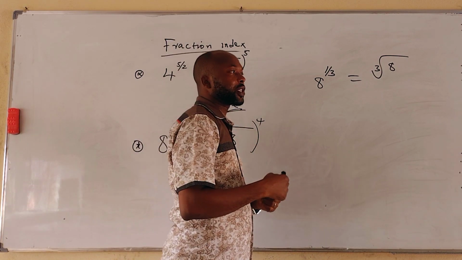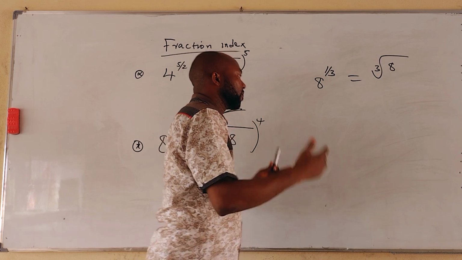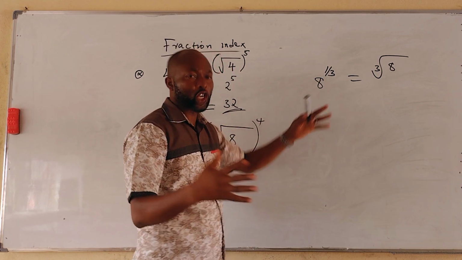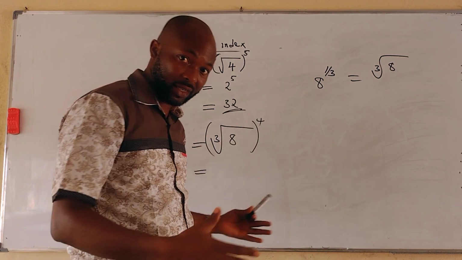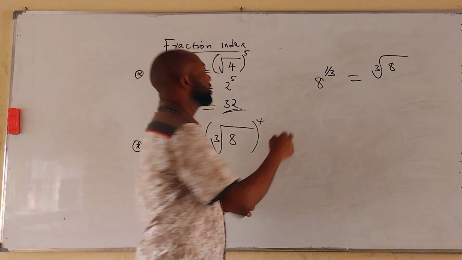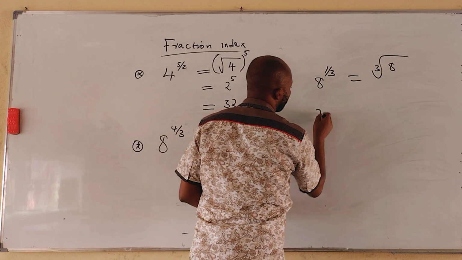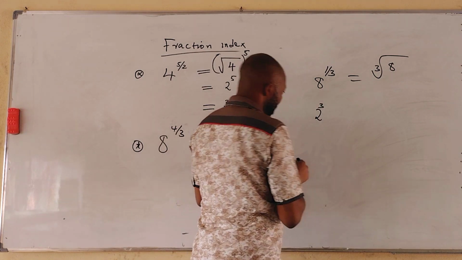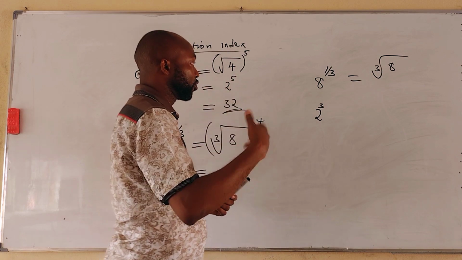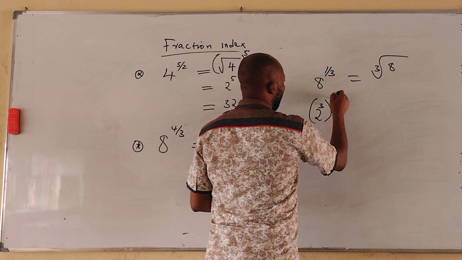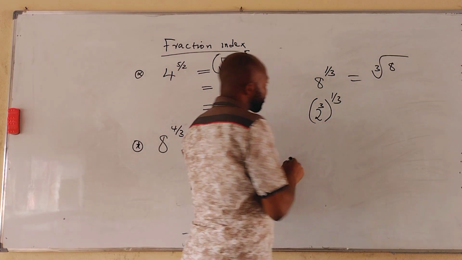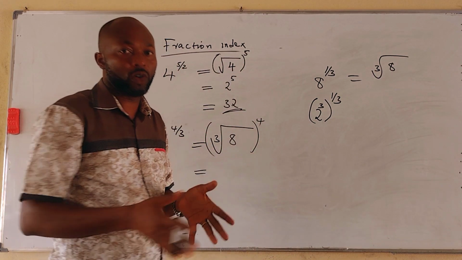According to Powers' law, we talked about the shortening of the product of variables as indices. This 8 can also be written as 2 raised to the power 3, because if I multiply 2 by itself 3 times, I get 8. So this is now raised to the power of 1 over 3. I have transformed it into the Powers' law of indices.